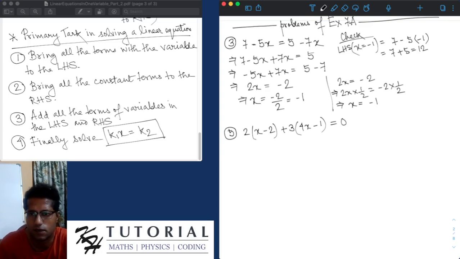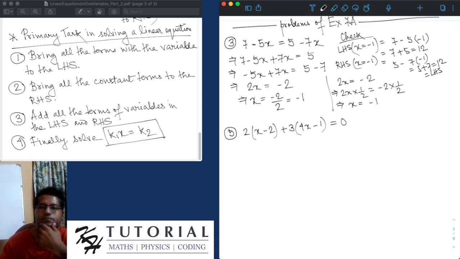Let's see what the RHS is. When x equals minus 1, RHS equals 5 minus 7 into minus 1, which is 5 plus 7 equals 12. So LHS equals RHS, and our solution x equals minus 1 is correct.